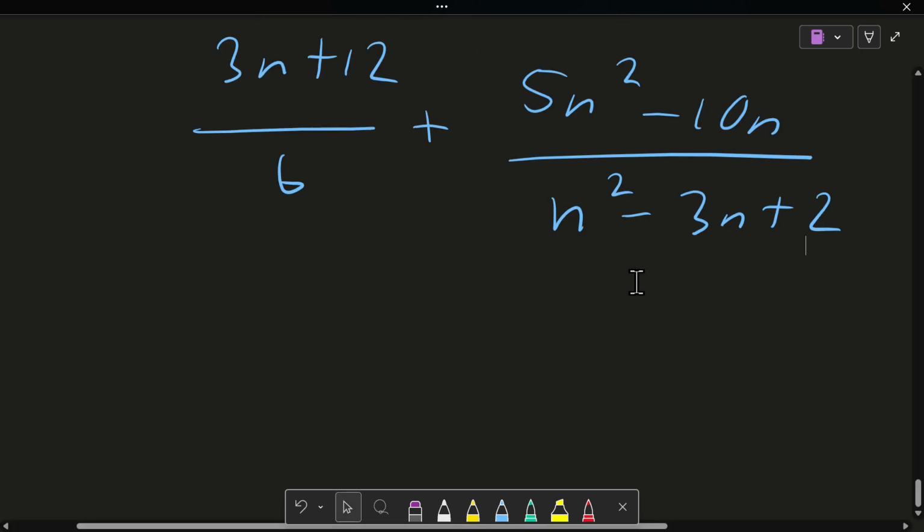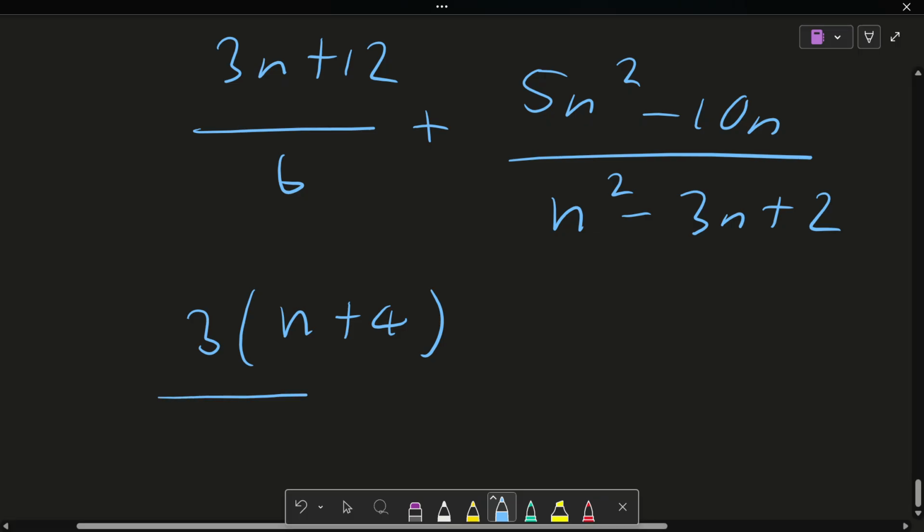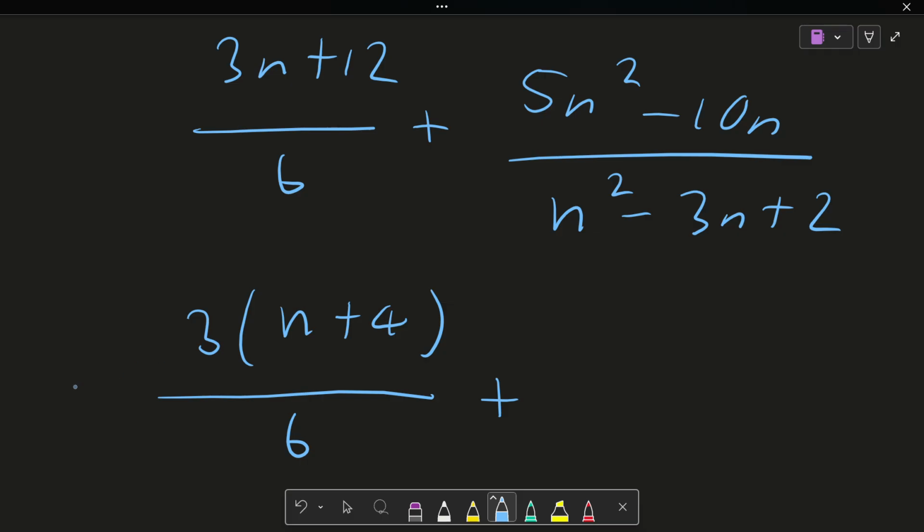So here we take out 3 from the first, n plus 4 over 6, plus this equals 5n multiplied by n minus 2.